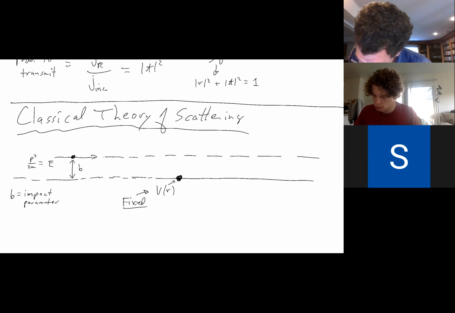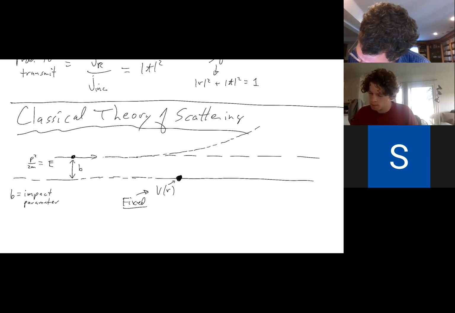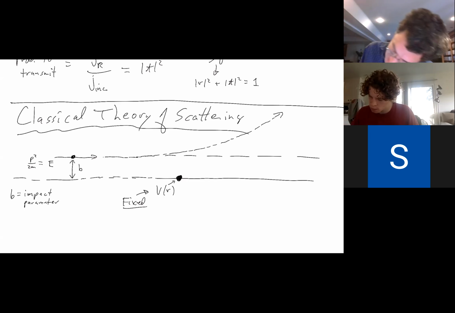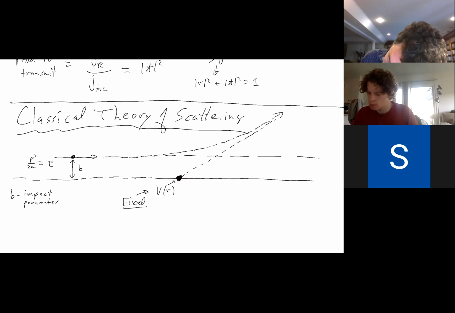And so you shoot the little BB, but then what happens is that as the BB gets close to this scatterer, it starts to deviate. And if it's repulsive, it will start to bend away, and so it will shoot off into the distance asymptotically. Let's see if I can draw this well. I'm having trouble drawing these things.